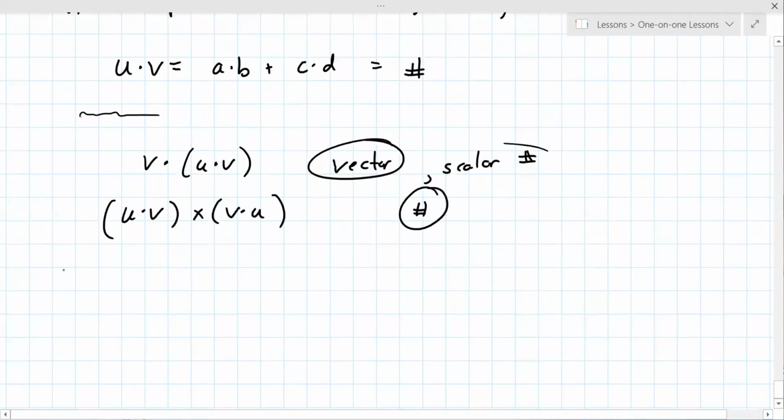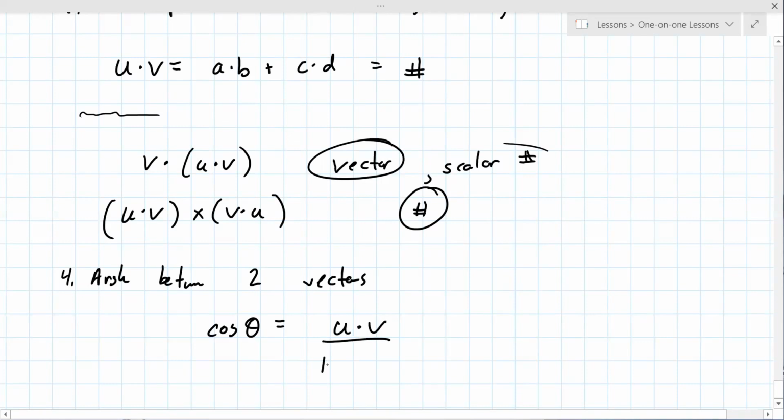So then you can find the angle between two vectors. The formula is cosine of theta equals u dot v over the magnitude of u times the magnitude of v. So if u dot v equals 0, if the dot product is 0, we know that theta is 90 degrees.